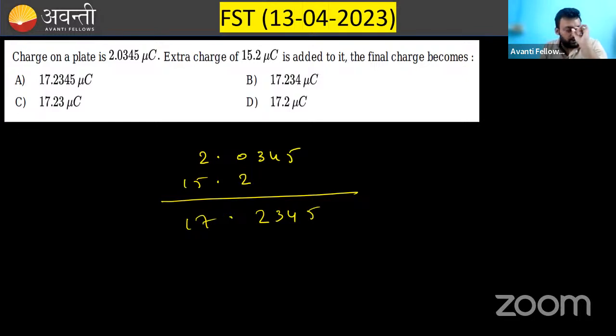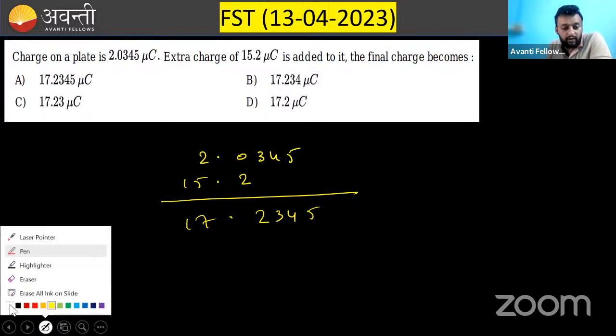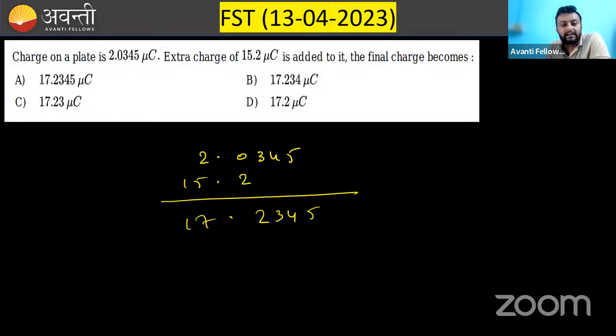But when you are adding things in addition or subtraction, one thing to be remembered, the final answer must have those number of significant figures that contained by the number which has least significant figures. So this number has three significant figures. So output must have three significant figures, 1, 2, and 3. So up to this point, answer should be there. All other terms should be rounded off.